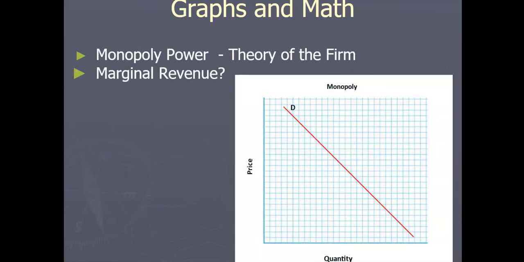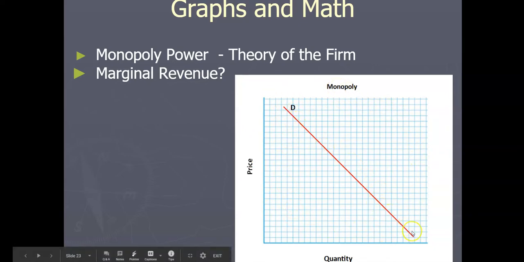Now this is where things get a little bit more complicated. And this is why any market that is not perfectly competitive is not an efficient market in terms of resource allocation. In a monopoly or any market that has monopoly power, like monopolistic competition, even oligopolies, a firm is going to have a downward sloping demand curve because particularly in a monopoly, the firm is the market.